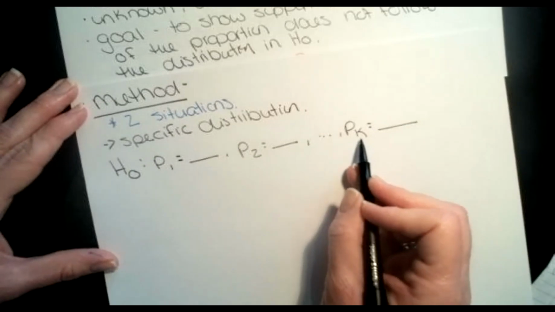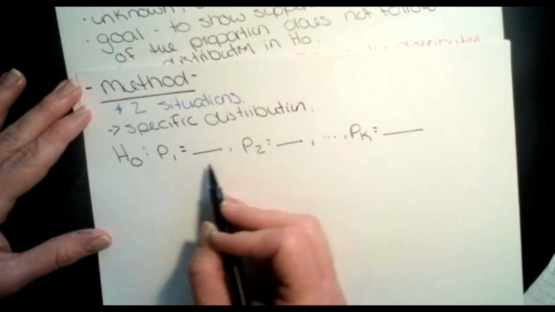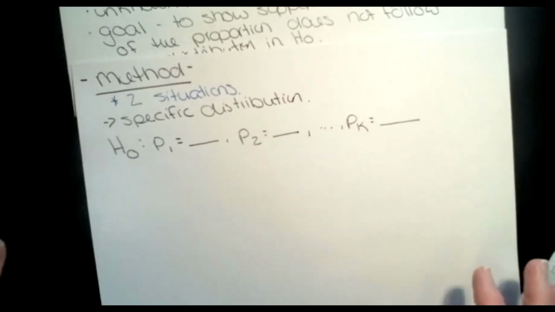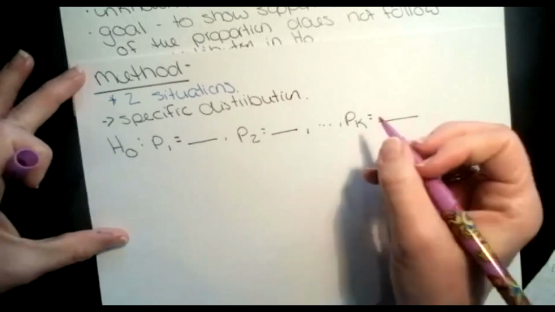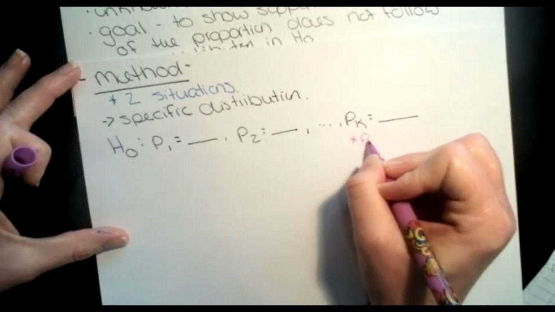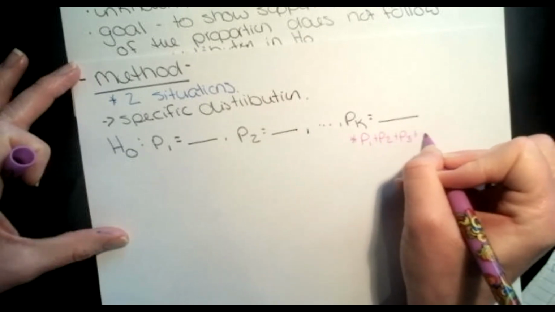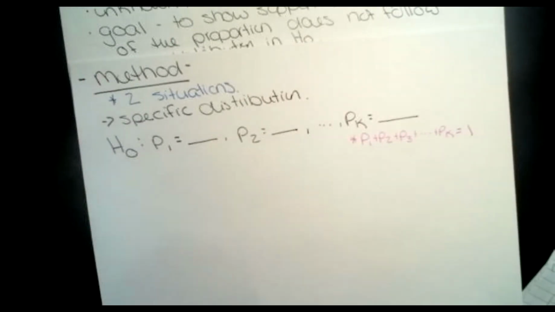Remember, K is how many levels we have, so we're going to have that many different proportions. So if we have 4, it'd be 1, 2, 3, 4. It could be 10, it could be a lot, right? Hopefully it's not too many because that makes everything more complicated. And I'm just going to make a note here that P1 plus P2 plus P3 plus all the way up to PK is equal to 1. So all those proportions add up to 100% or 1.